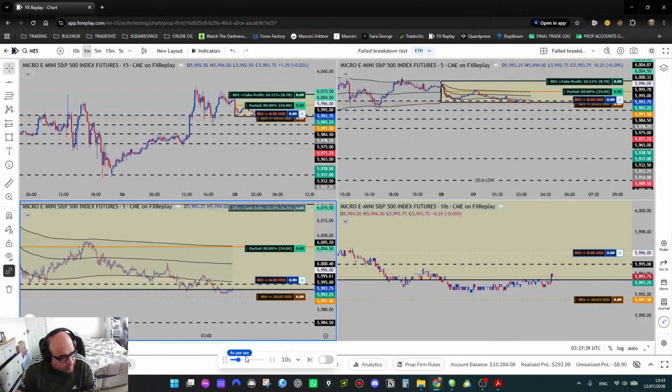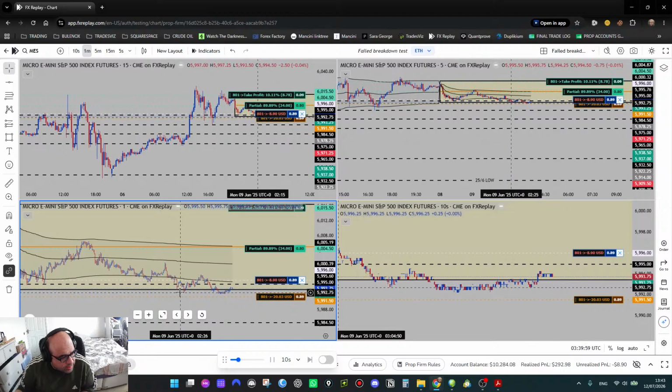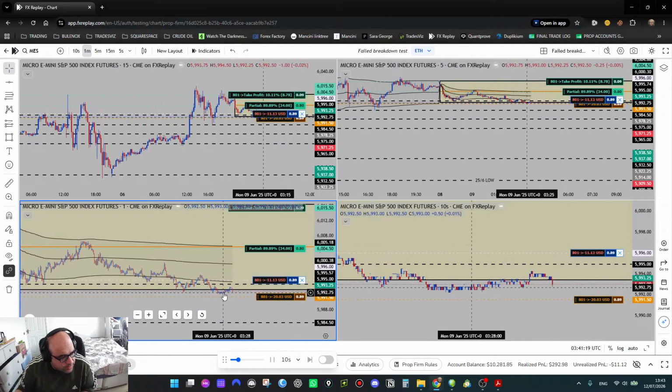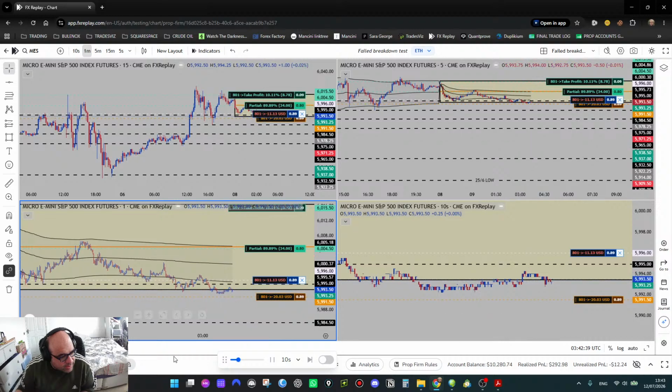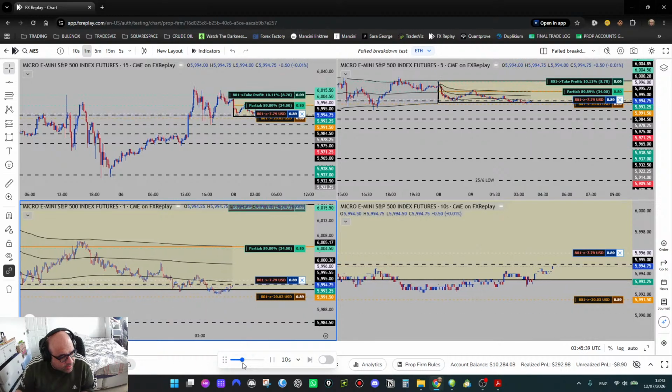See how much time it takes to accept the price. It's been ranging for 1 hour now at the same price. That's ridiculous. Let's go a little faster.